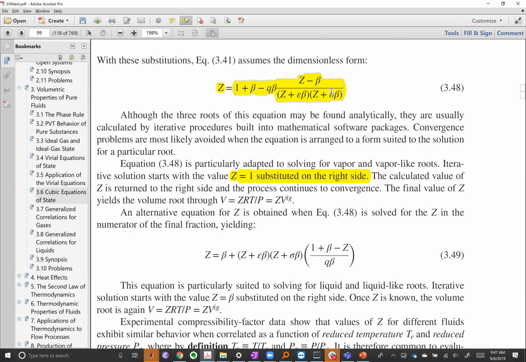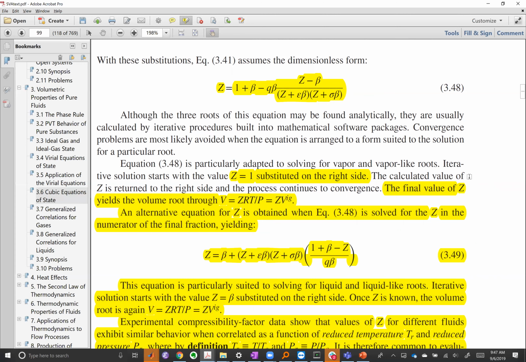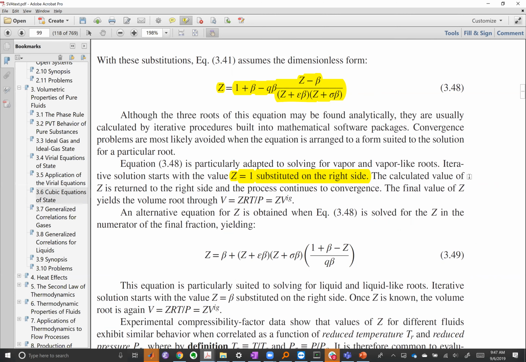And every time you repeat that, the value that comes out is going to get closer and closer to the value that you put in. And so it converges on a single value of z. And what the book asserts is that the final value of z that you get is going to be able to give you the correct molar volume of the gas phase.